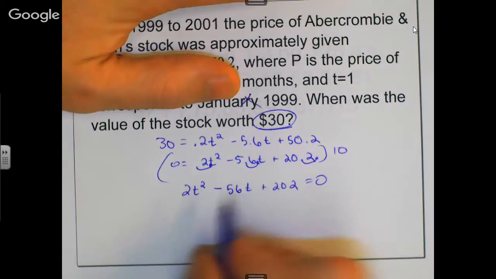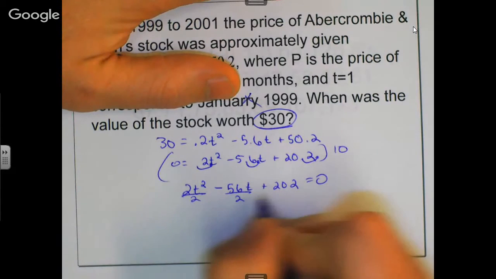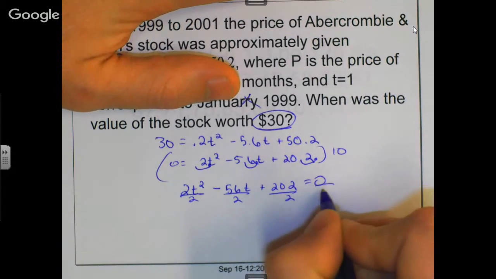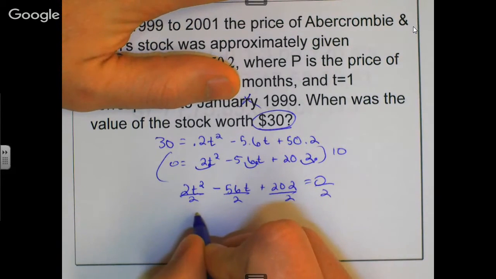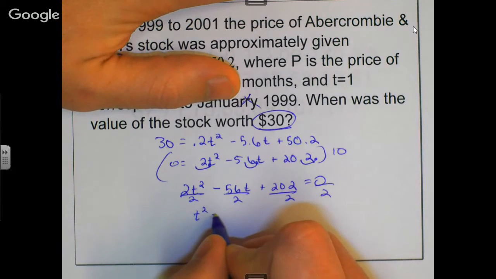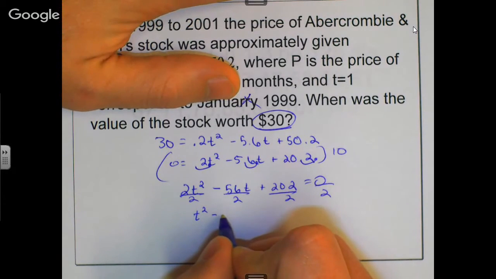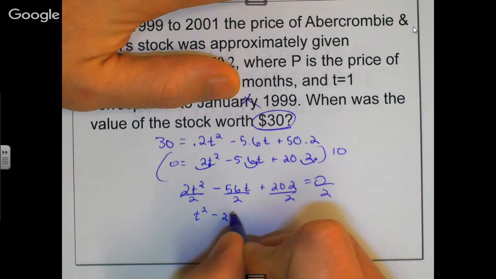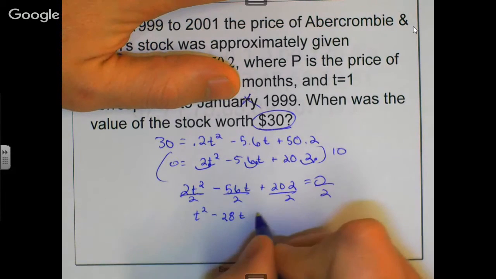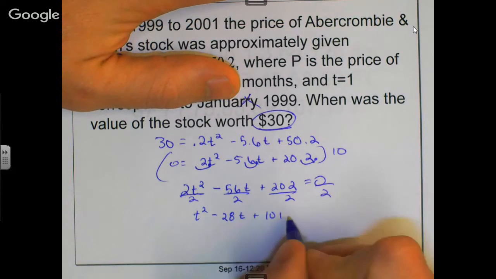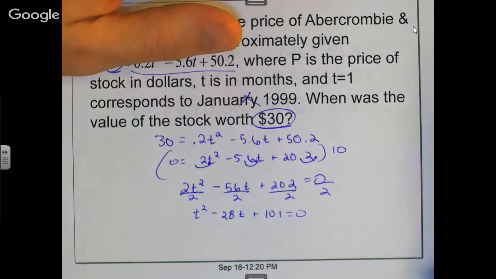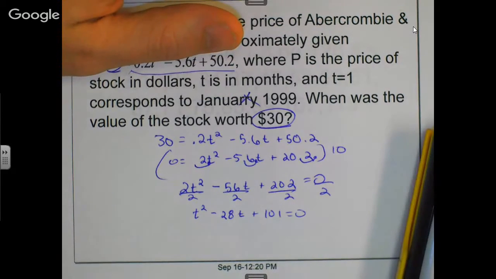I notice that I can divide everything by 2. So I have t squared minus, what is it, 28t plus 101 equals 0. So factors of 101 that add to 28.